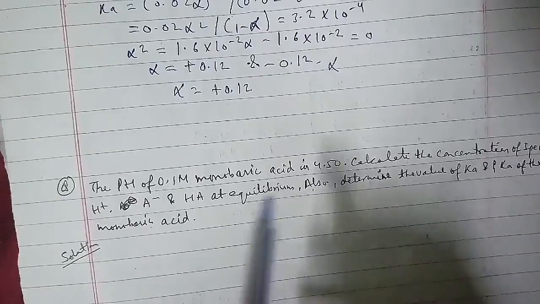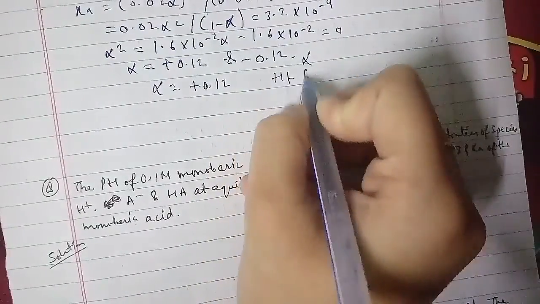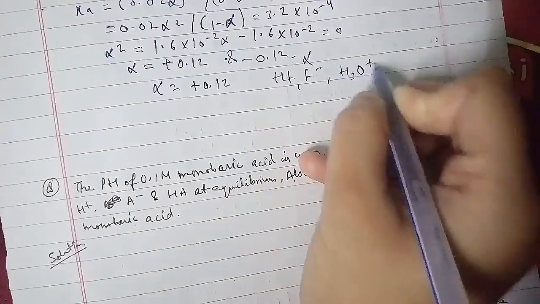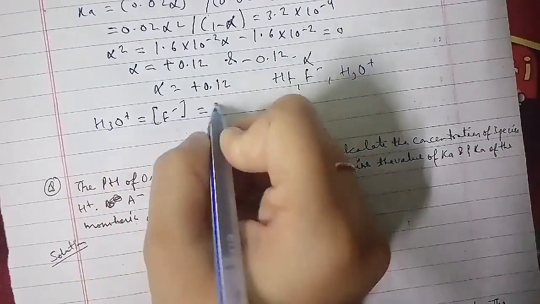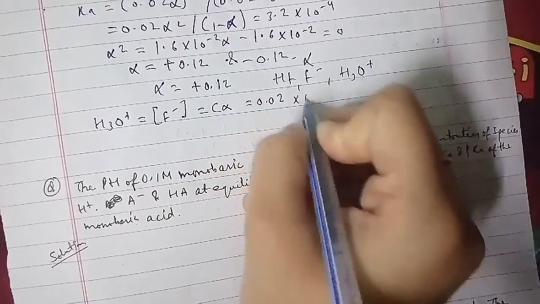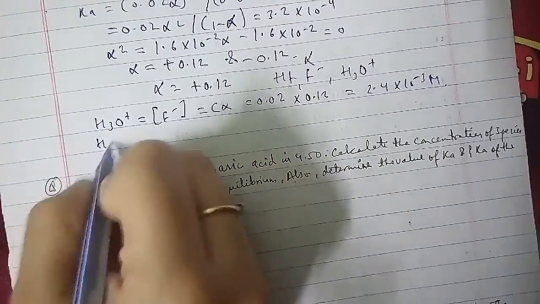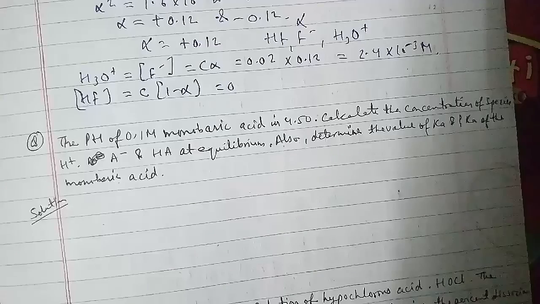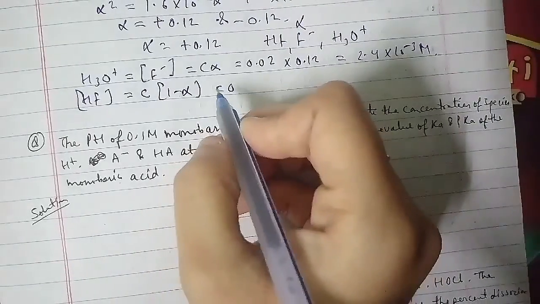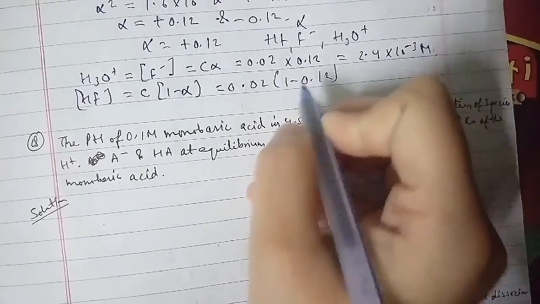Also determine the value of Ka and pKa of the monobasic acid. For the solution, pH equals minus log [H+], therefore [H+] equals 10^-pH, that is 10^-4.50, and the value is 3.16 × 10^-5. So [H+] equals [A-] equals 3.16 × 10^-5.